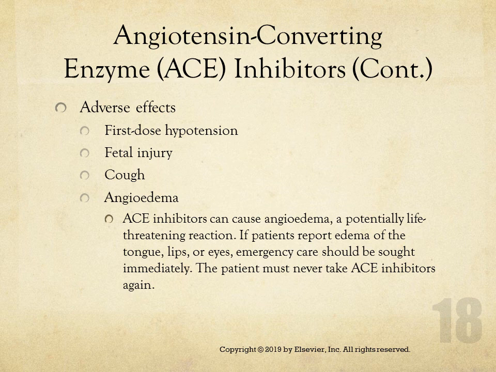If they're taking another diuretic, another agent, you might have them hold off on that if you're worried about hypotension, and have them wait a couple of days before they take both of them together so that they can avoid that.